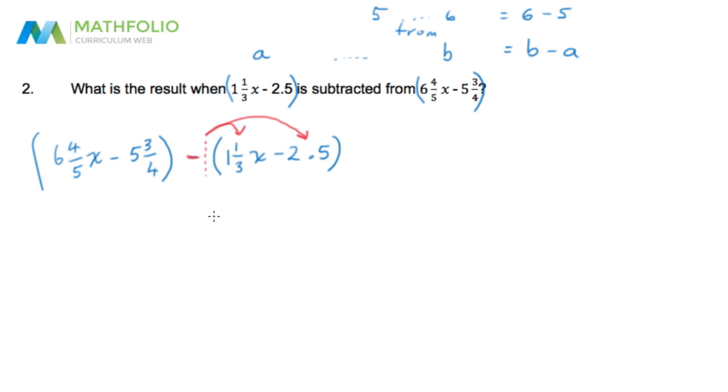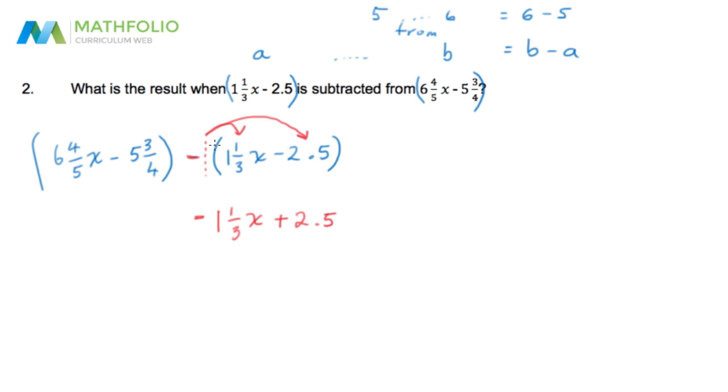And notice we're only looking at the second set of parentheses right now. We've got minus -1 times 1 1/3 x. That becomes minus 1 1/3 x. Now, when we distribute the -1 to the minus 2.5, it actually becomes plus 2.5.